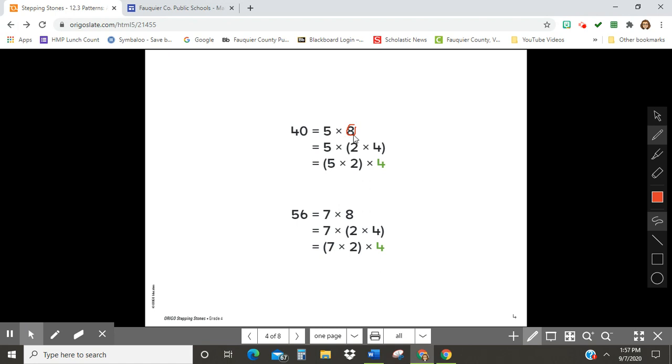Because 5 times 8 is 40. We're breaking down 40 into 5 times 2 times 4. Or you could say 5 times 2, and then times 4, because 5 times 2 is 10, and then times 4 equals 40.